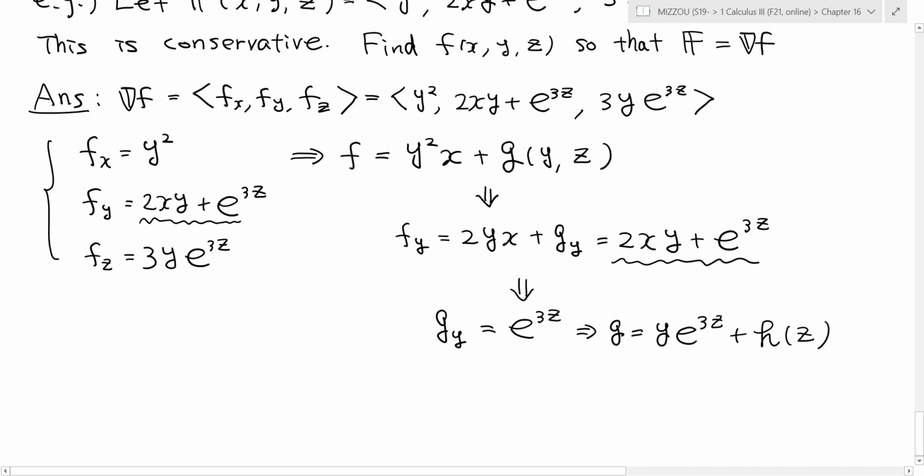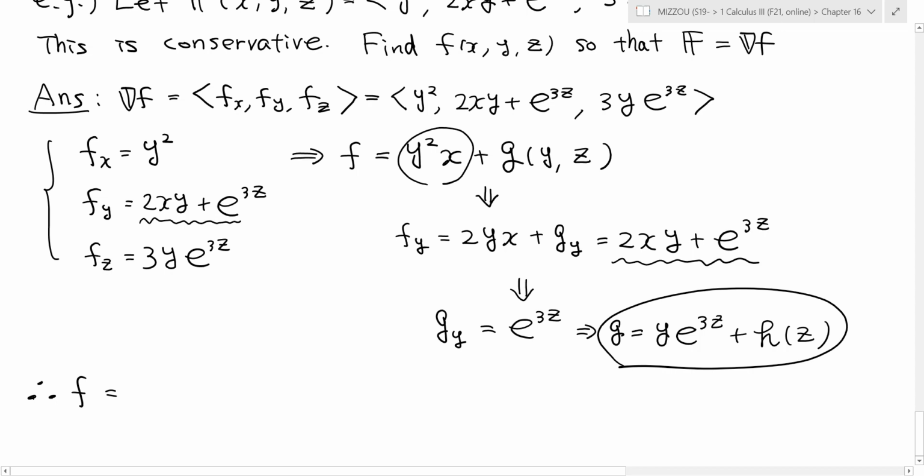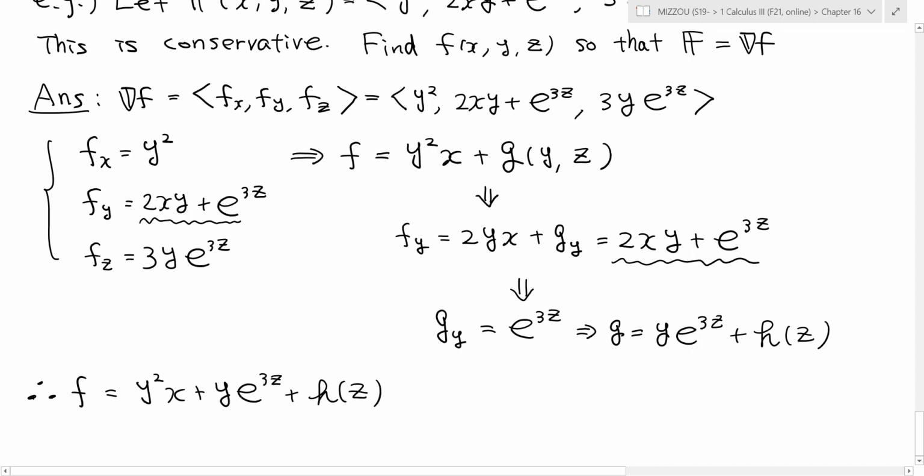Okay, so therefore, what do we have? Well, f of x, y, z is this plus this, y squared x plus g, but g is y e to the power of 3z, plus h of z. Okay, then now we're going to use the last one finally.